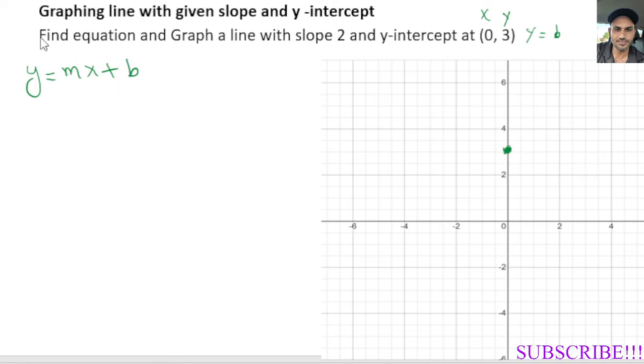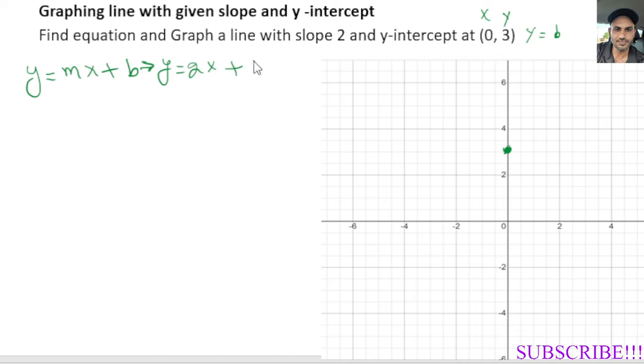All right, now let's finish the equation of the line first. So let's plug in the information that we have. First I'm going to plug in the m and the b. So y equals, for m, we know the slope is 2, times x. And we know from our y-intercept point that b is equal to the y value in this point right here.